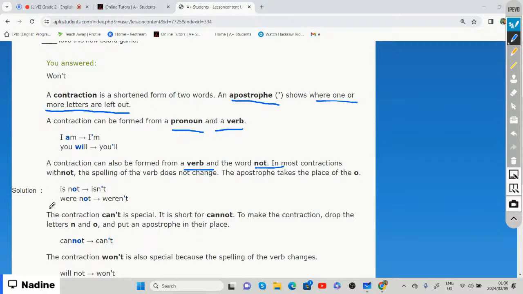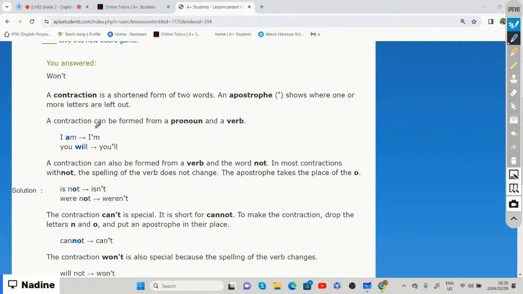And there we have an example, is not. It's like saying isn't, because we remove the O within that word. Right? All right.